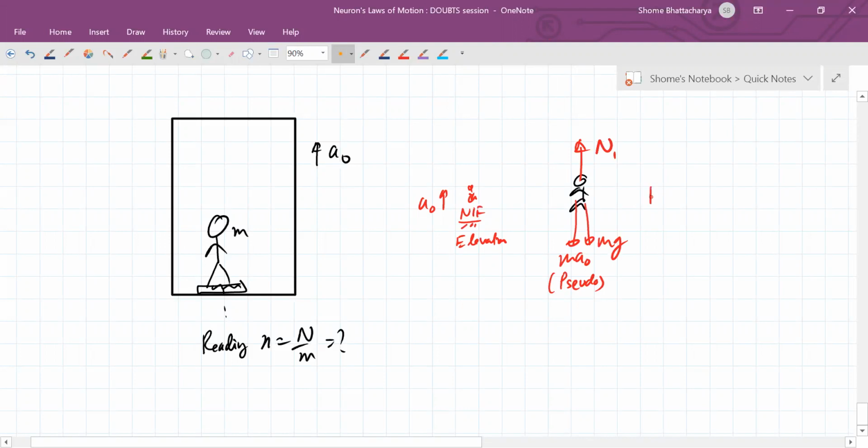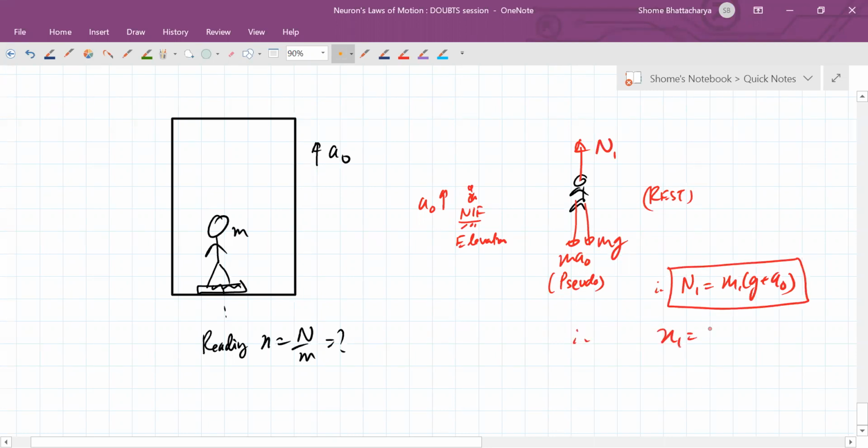So in this frame the body is at rest, so you can see that N1 is equal to mg plus m a0. Okay, so the reading of the spring balance, let's say X1, will be N1 by g. So X1 will actually become m times (1 plus a0 by g). This will be the reading of the spring balance when the elevator is going up with an acceleration a0.